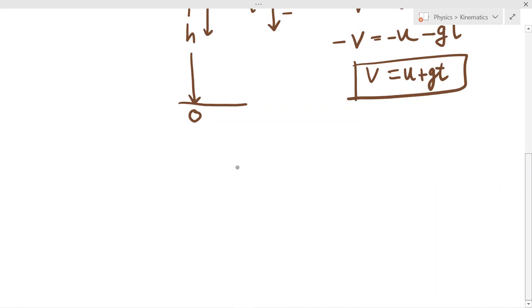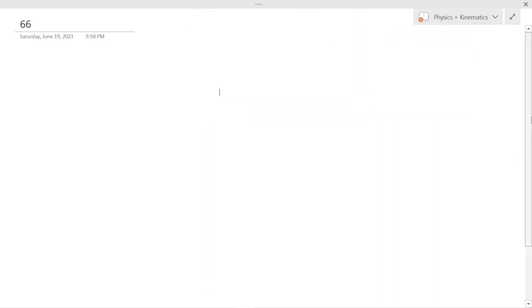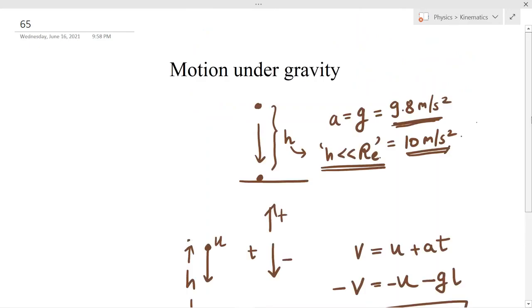Now let's say the displacement is h. Suppose it comes to the ground.